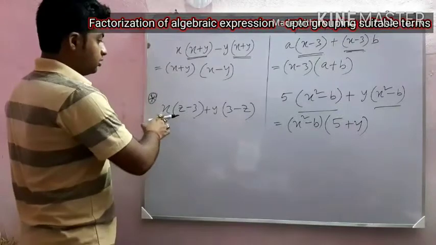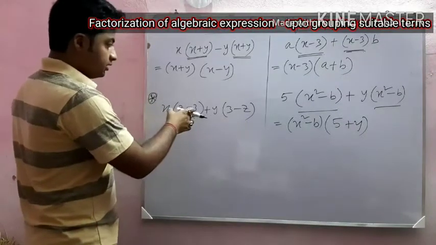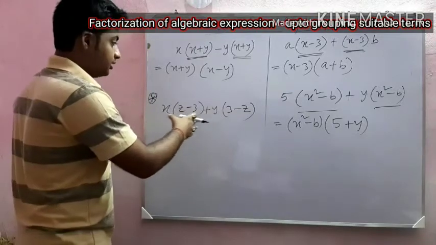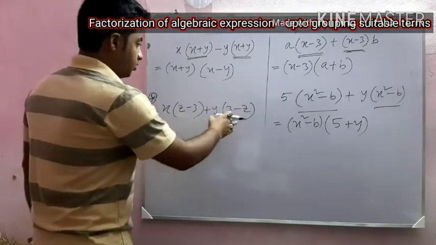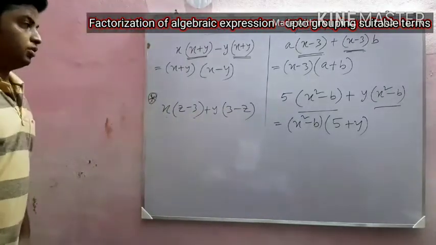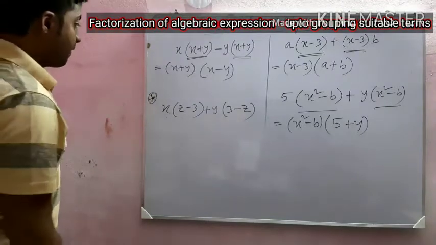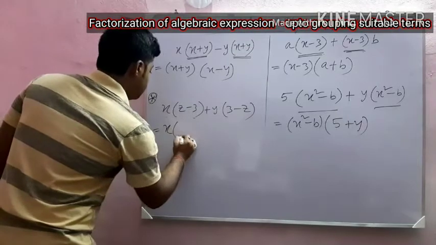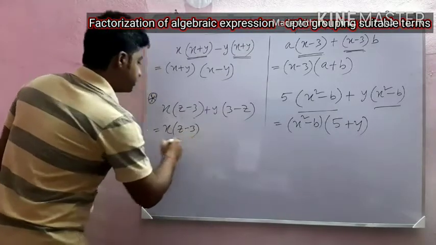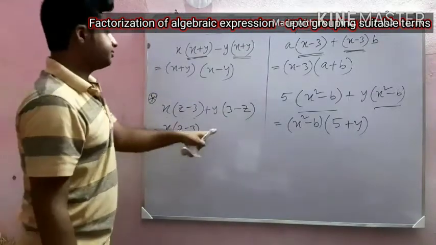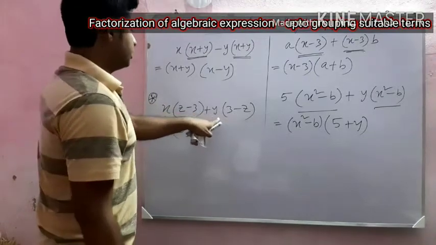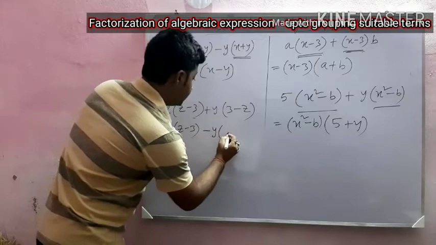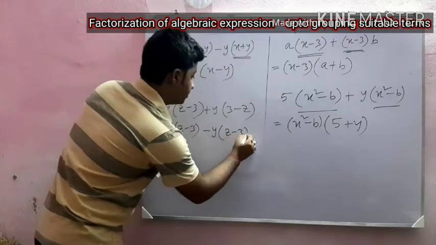But at first you cannot find out the common term like this, just like that. For this, you have to write x into z minus 3, then take a minus here, and write y into z minus 3.